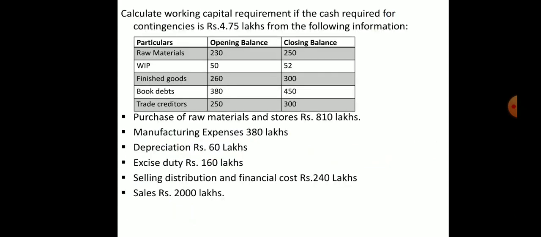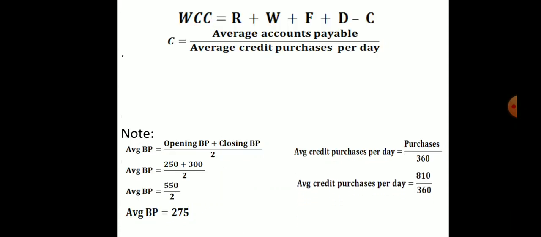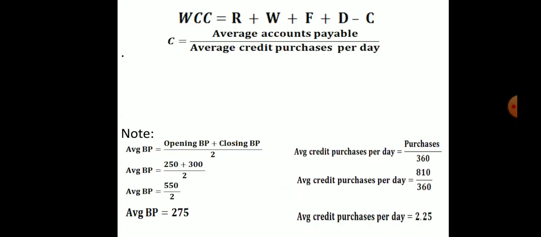In this problem they have mentioned only purchases of raw material and stores, 810. This is the additional purchases. If they mention credit in the bracket, we have to take that. If they have not given it, we will assume the full amount as total credit purchases, 810. So 810 divided by 360 is 2.25 per day.